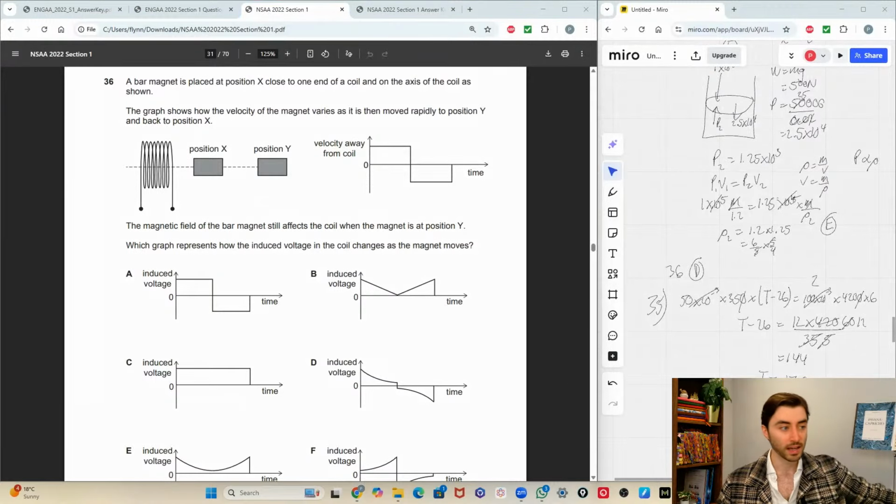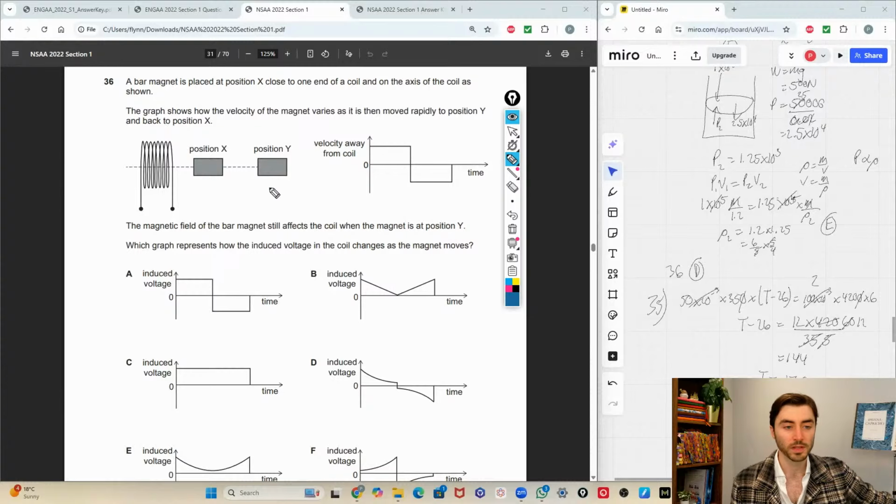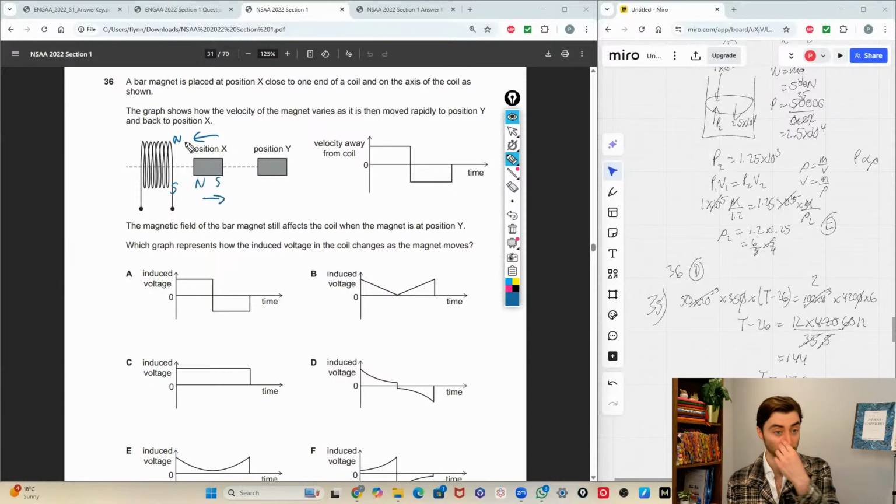So for instance, if this was a north pole and this was a south pole, if this is being moved away, this coil does not want it to move away. So it's going to try and attract it back with a south pole. If it's being pushed towards, it's going to try and repel it by turning into a north pole. And the way it does that is by reversing the current, by reversing the induced voltage.